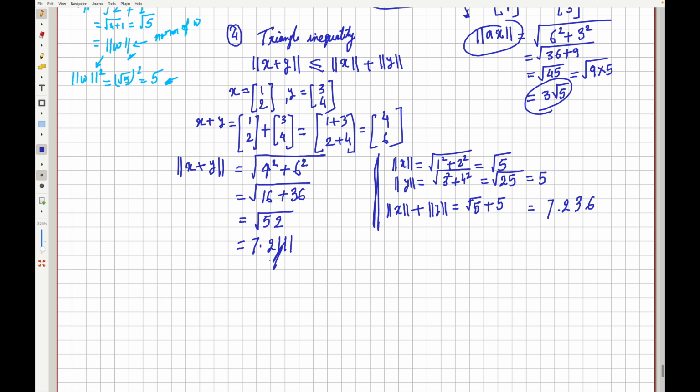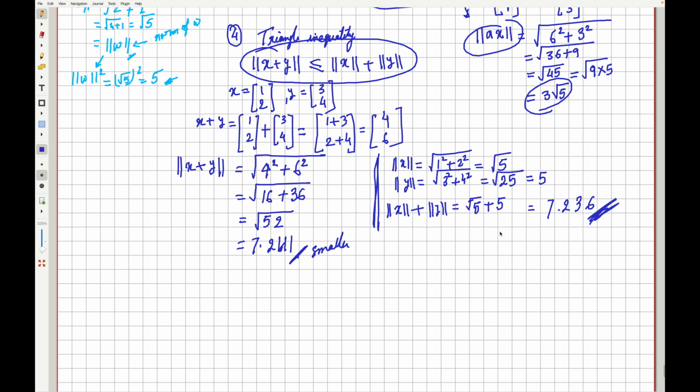As you can see, if we look at the decimals after the second decimal, this value is larger, so the value on the left is smaller than the value on the right. That's the triangle inequality property that the norm must satisfy.